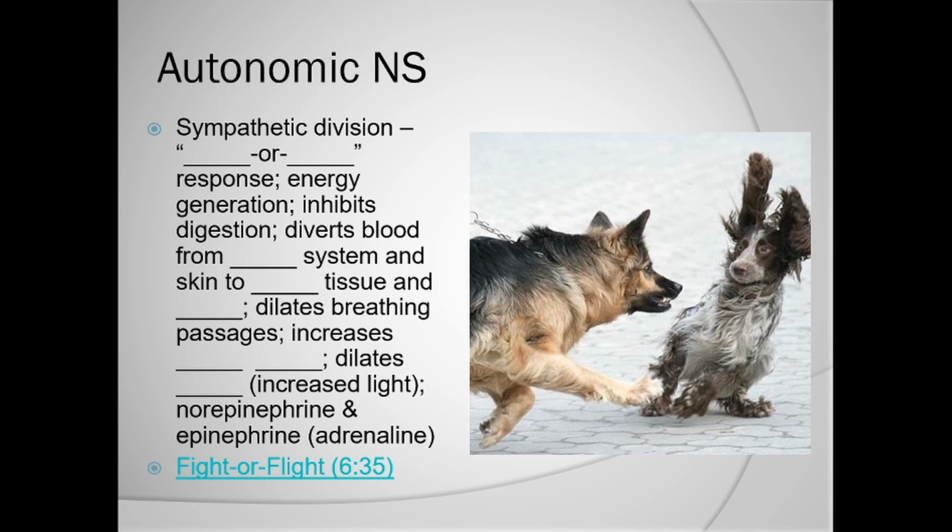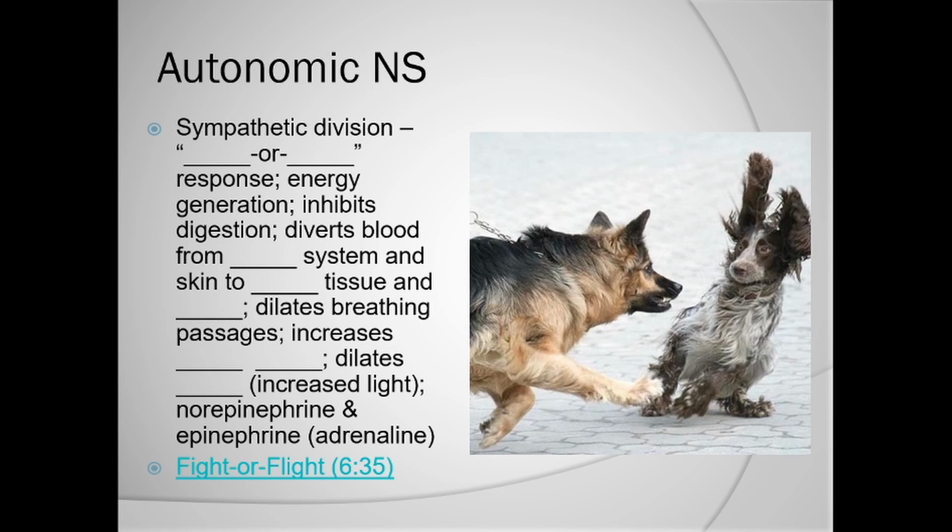So we want to put as much blood to the muscles because we want to contract our skeletal muscles so that we can get out of there quickly, and we want to divert the blood to the lungs so that oxygen can get to our muscles as quickly as possible, and carbon dioxide can be exhaled as quickly as possible.